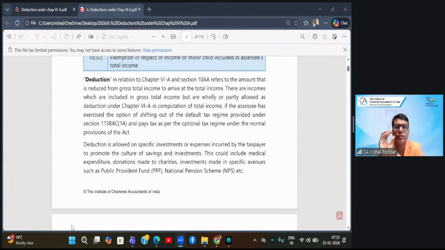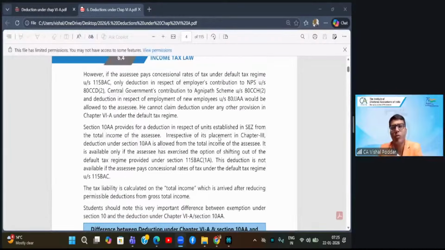So that is the difference between deduction and exemption. As I discussed earlier, these deductions are allowed only under the old regime. There are only three deductions which are allowed in the new regime or the default regime.